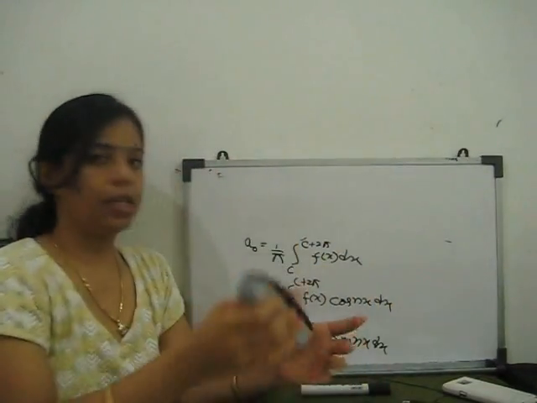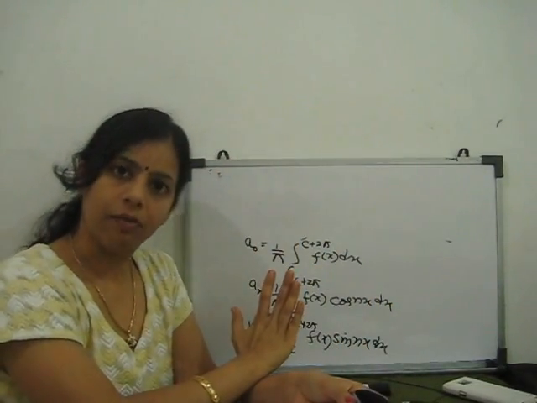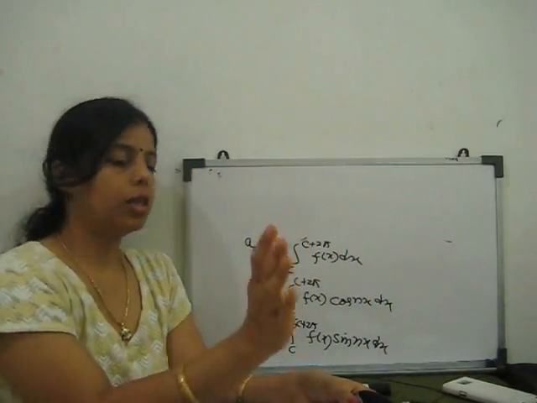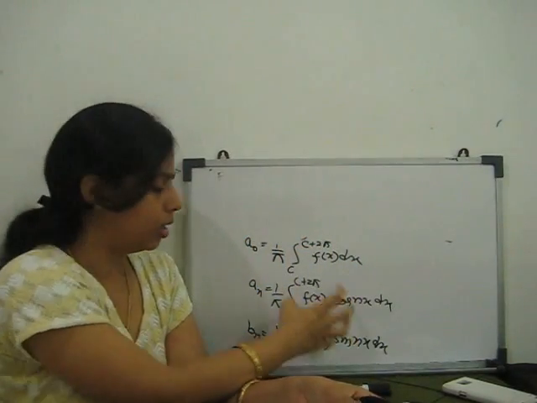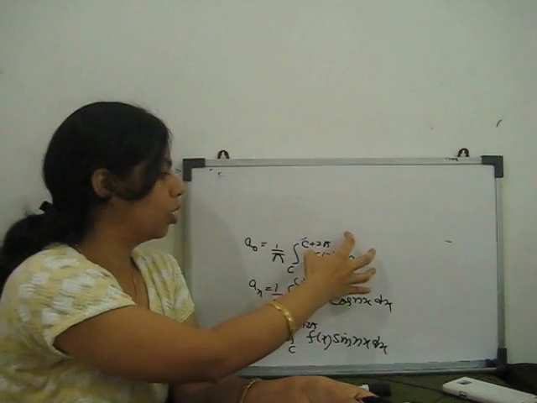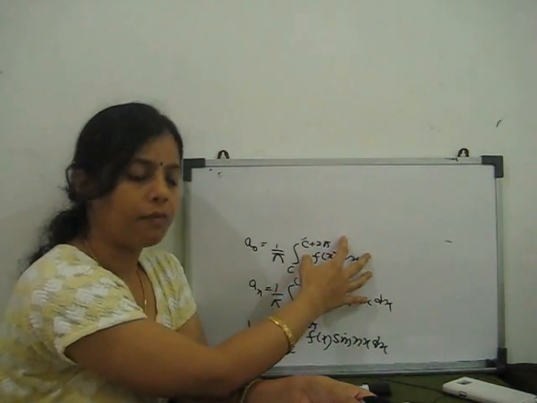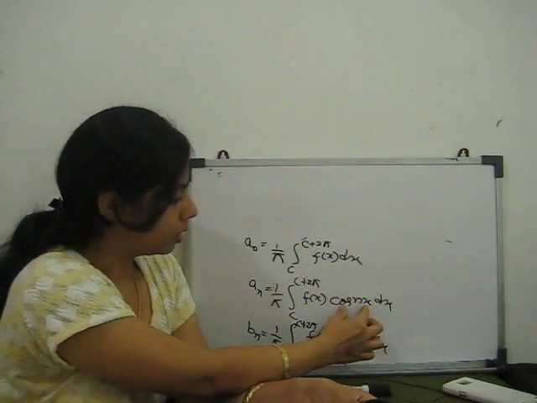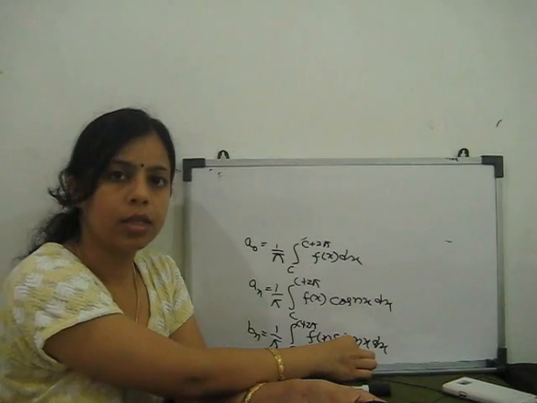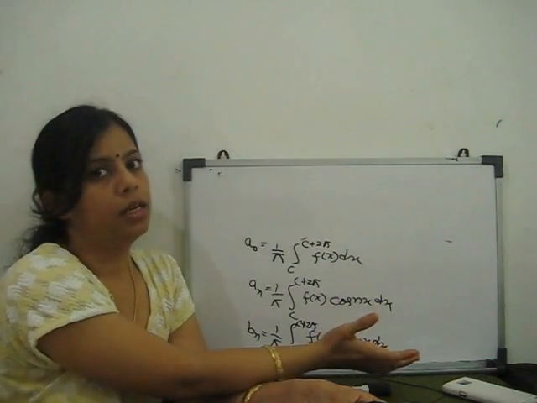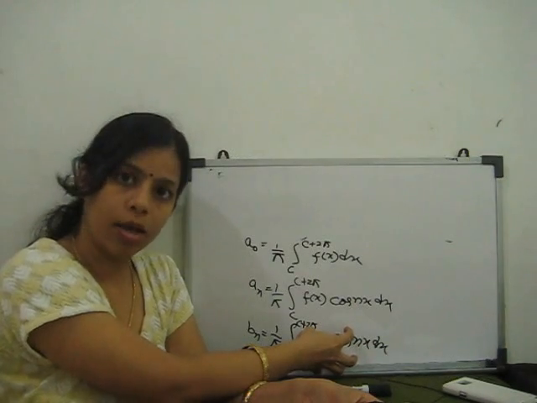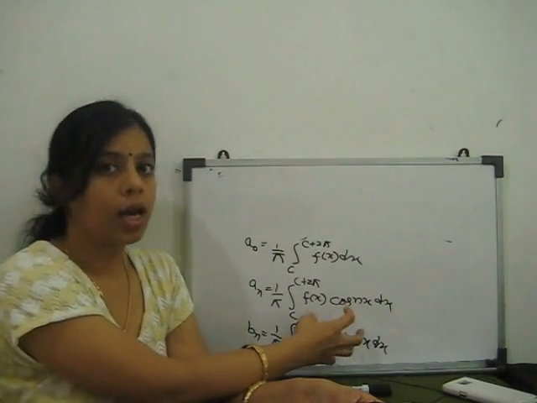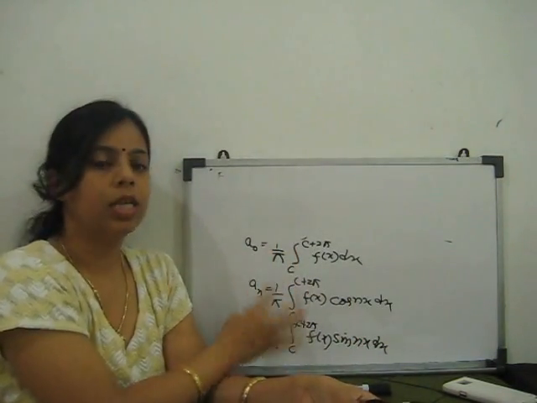Basically, when we expand any function into a Fourier series, you concentrate on the integration part. a0 is okay because you just integrate f(x). When you integrate the function with cos nx or sin nx, you have to integrate and then apply the limits. If the integration and limits are correct, then you will definitely get the correct answer. So you concentrate on the integration.